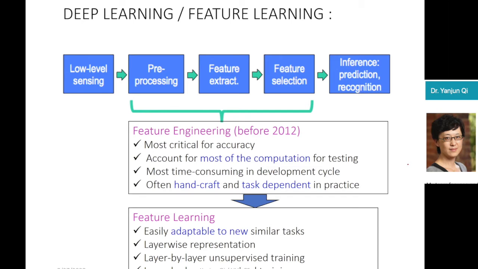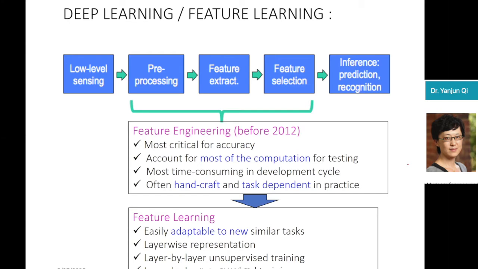Also in the past few years, graph data has been revolutionized in how to represent it, through graph neural network technologies. In the end, people shifted from feature engineering to feature learning because the learned features are easily adaptable to new, similar tasks.